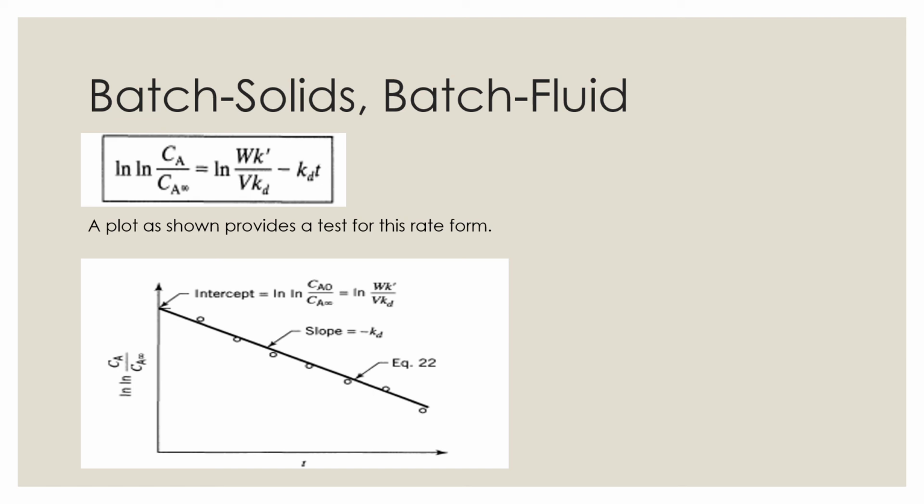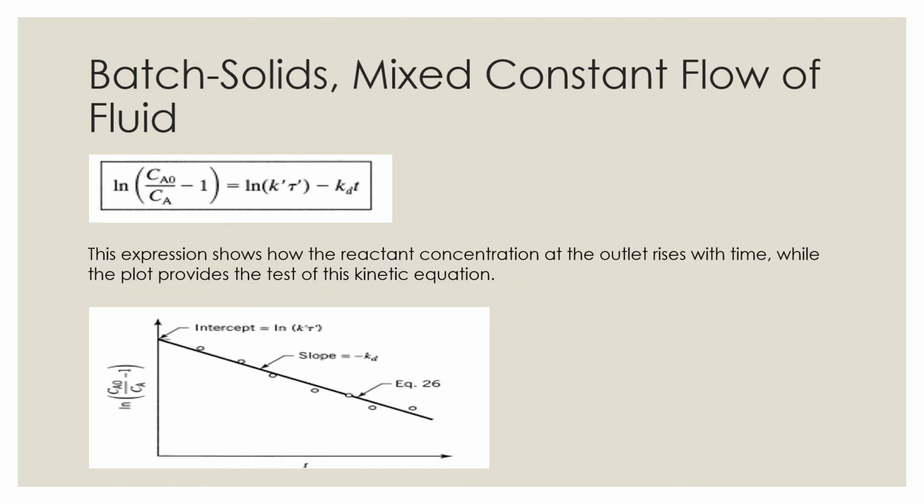Now moving on, batch solids, mixed constant flow of fluids. The equation here is ln of (C_A0 by C_A minus 1) is equal to ln of k dash tau dash minus k_d t. This expression shows how the reactant concentration at the outlet rises with time, while the plot provides the test of this kinetic equation. Here we plotted the curve between ln of (C_A0 by C_A minus 1) and t.